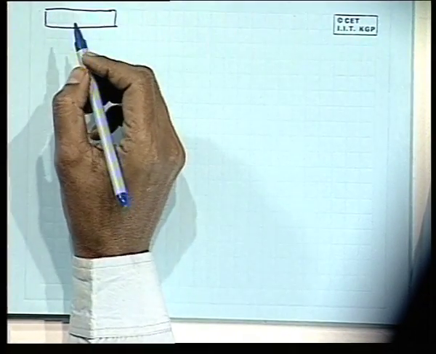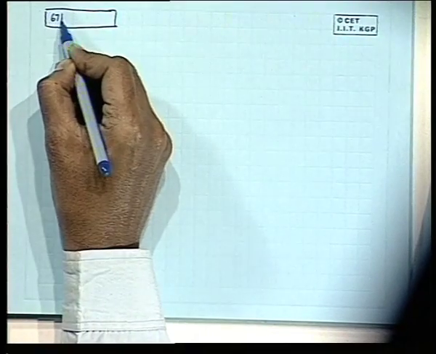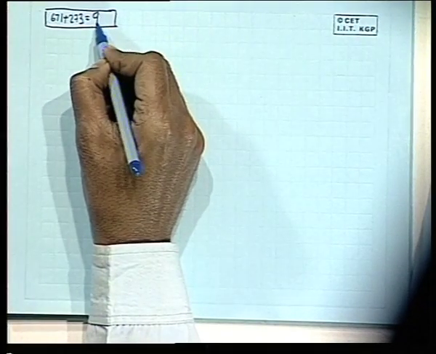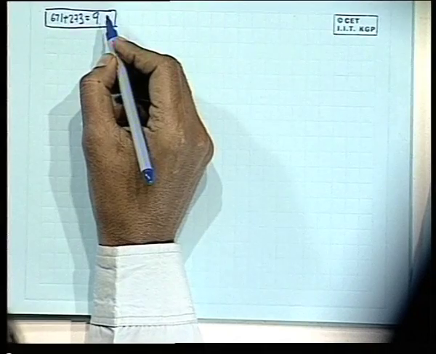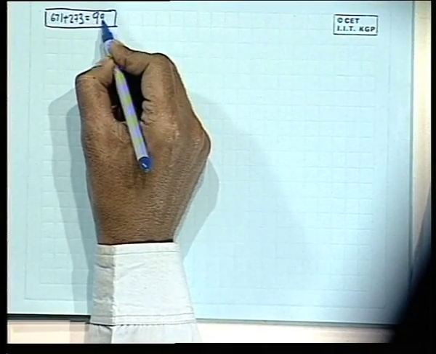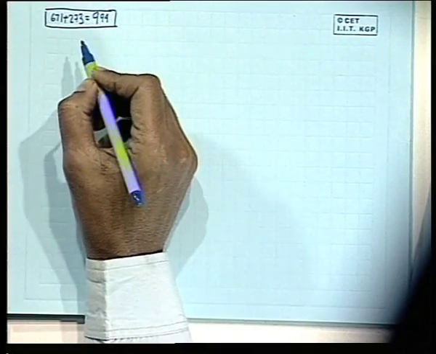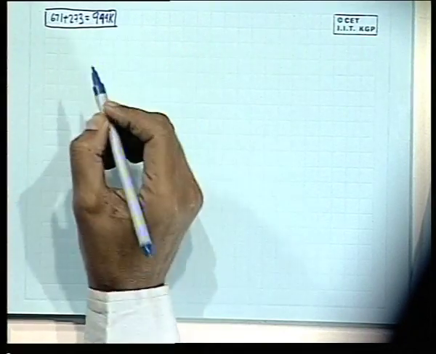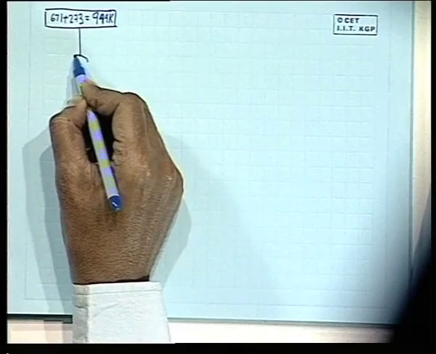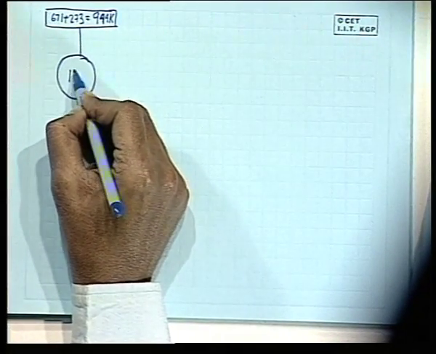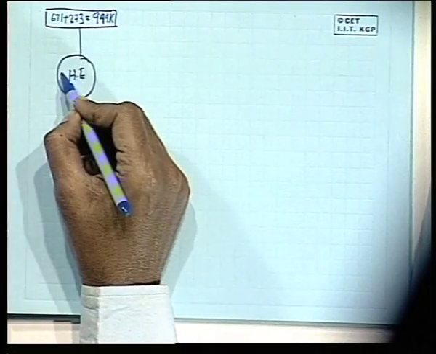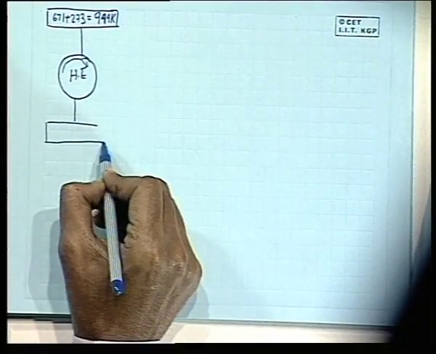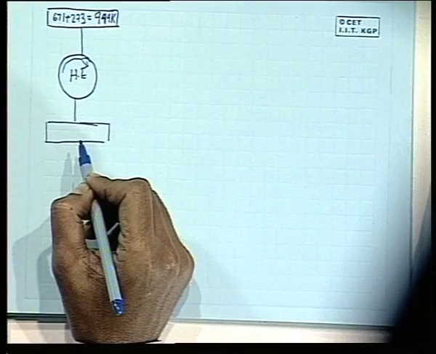That means in absolute terms, 671 plus 273 is equal to 944 K. And this heat engine operates on a thermodynamic cycle, and it delivers heat at a temperature of 60 degrees Celsius.